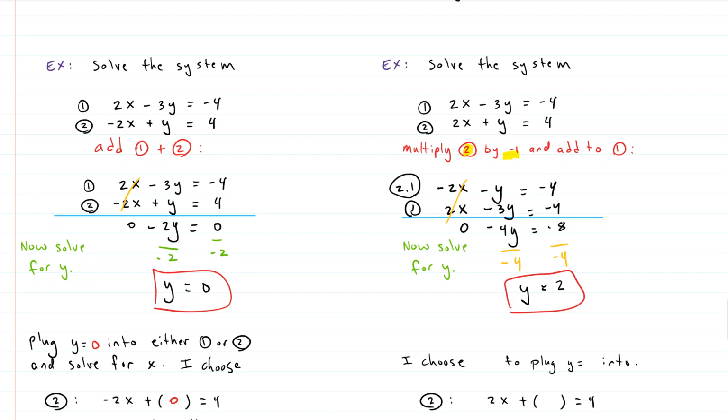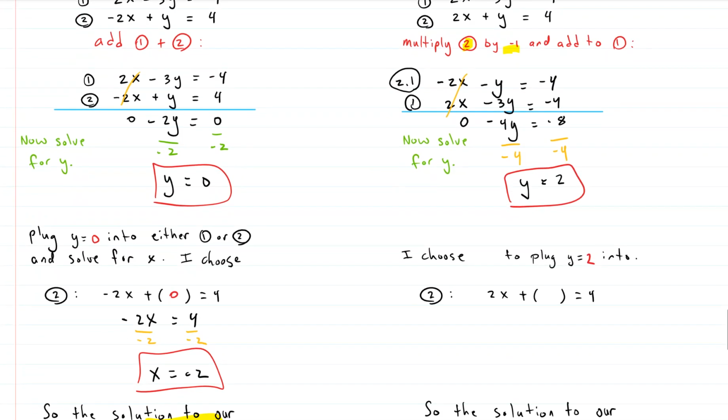So I'm going to plug y equals 2 into equation 2. Equation 2 we can see here is 2x plus y equals 4. But instead of having that y, we're going to put 2 in because we know what the answer for y is. And then we just solve for x.